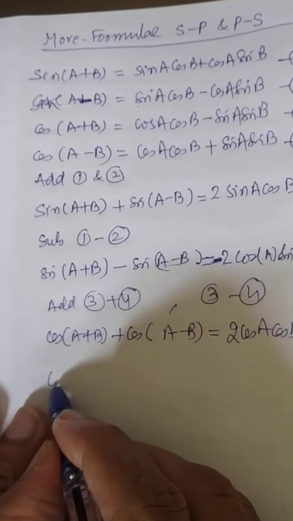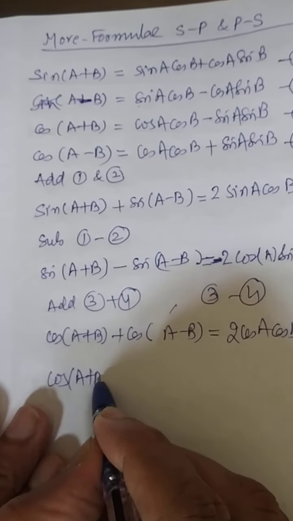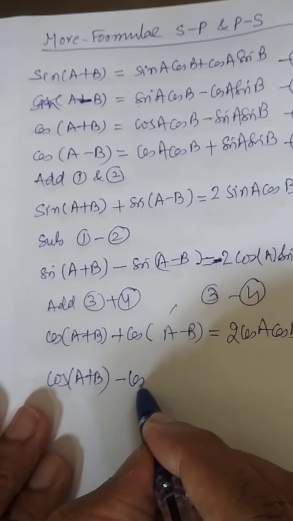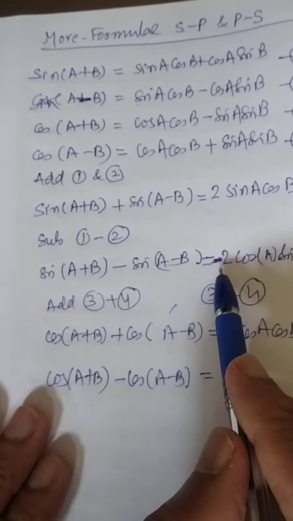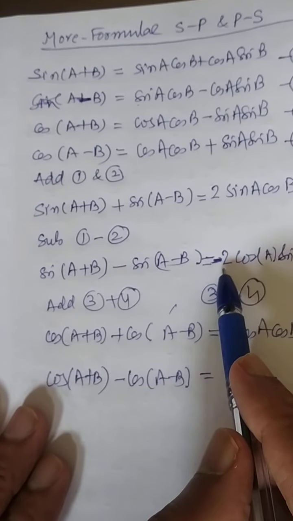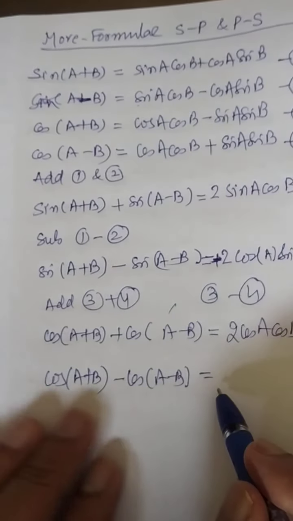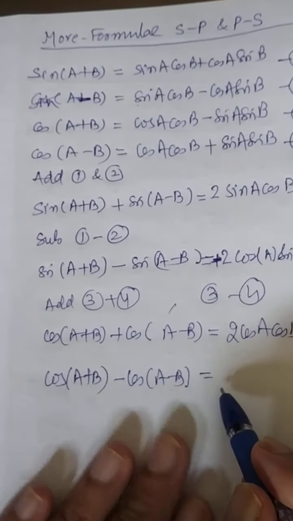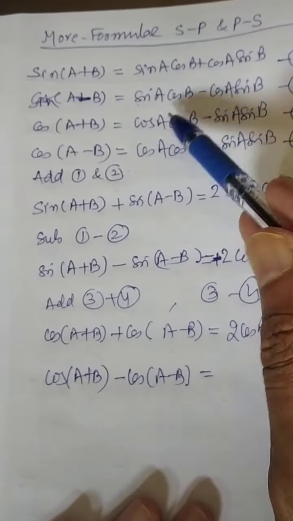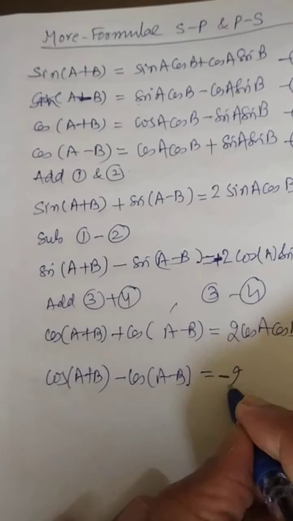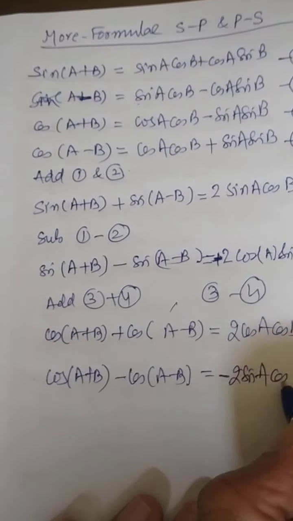And in case you are subtracting, cos of a plus b minus cos of a minus b, what will it give you? Here is minus there or plus there? Let me confirm that also. Plus is coming. Over here cos of a plus b and cos of a minus b, this minus, so over here this is minus, so it will get cancelled. Now in this case you will get 2 sin a into cos b.